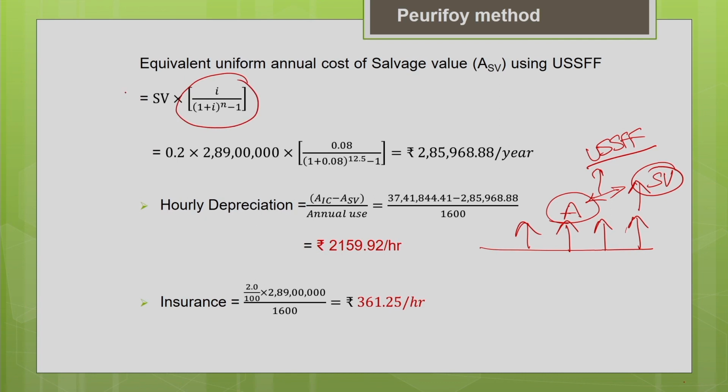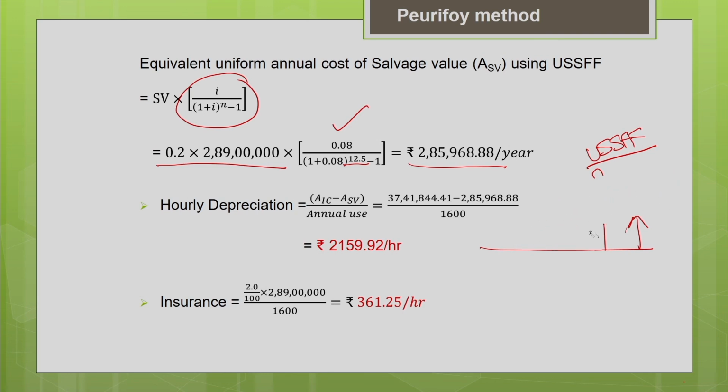You multiply that by the salvage value. Salvage value is 20% of the initial cost minus the tire cost. Now you substitute the values, the interest rate and the useful life of the machine, n equal to 12.5. You will get the annualized salvage value as 2,85,968.88 per year.